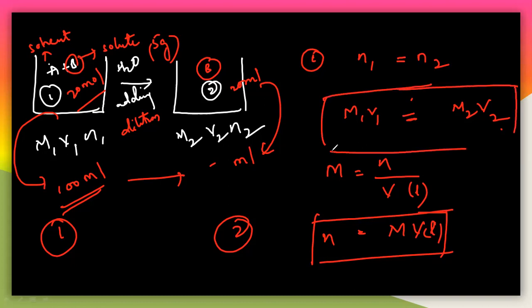This is also one of the formulas you should remember. This is before dilution, whatever you have taken, M1V1, and this is after dilution. So remember these formulas, they are very, very important in case of molarity.